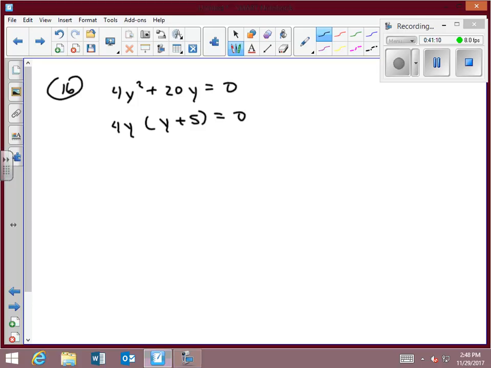Yep. See, if you miss that common factor, it will be impossible for you to factor. Then you just do what? 4y equals 0. y plus 5 equals 0. So this says y equals 0. y equals minus 5. So what are my answers? That one and that one, right?